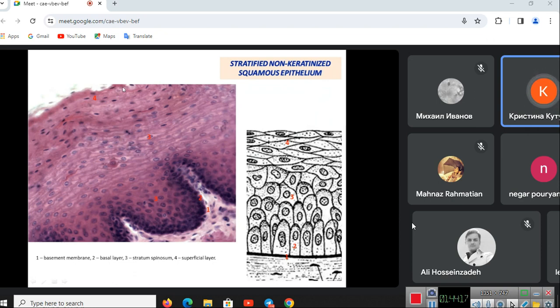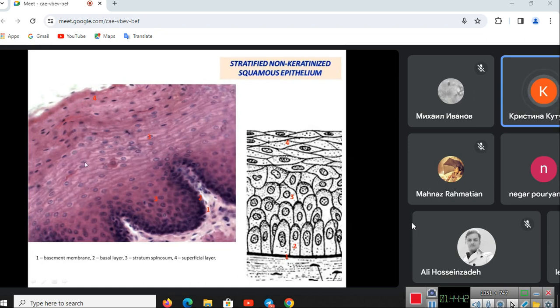There is no clear border between the stratum spinosum and superficial layer. We should look at the shape of cell nuclei. The superficial layer contains flattened cell nuclei. This is why this epithelium is called squamous. So where we see the flattened cell nuclei, this will be the superficial layer.